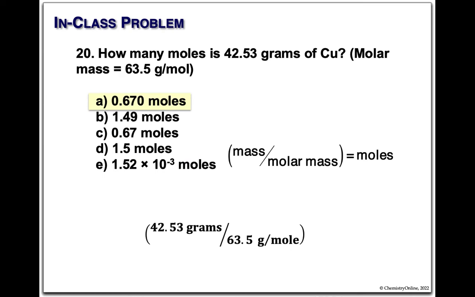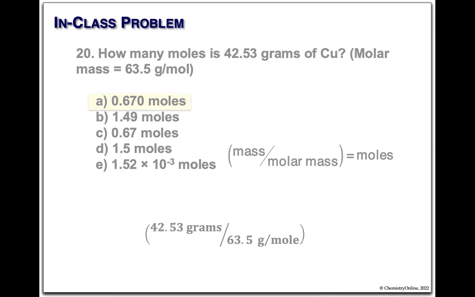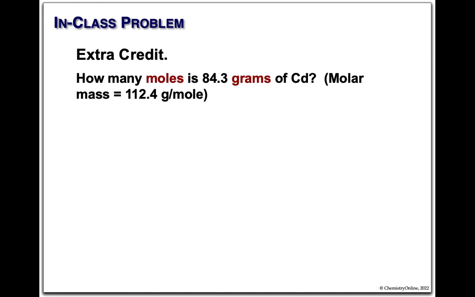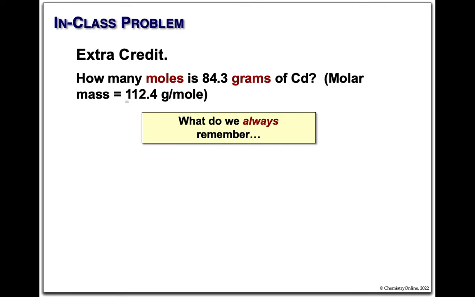And when I wrote the sample exam, I meant to put in actually a density problem. And instead, I grabbed another mole problem. My mistake. How many moles is 84 grams of cadmium? Cadmium has a molar mass of 112. Same exercise. 84 divided by 112.